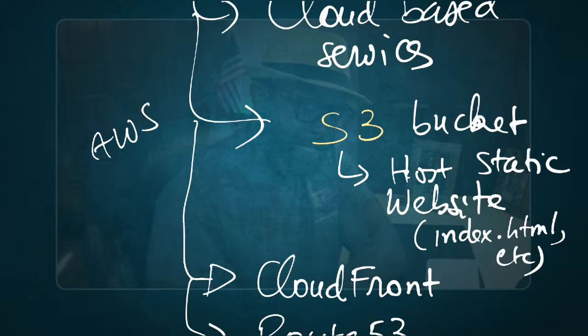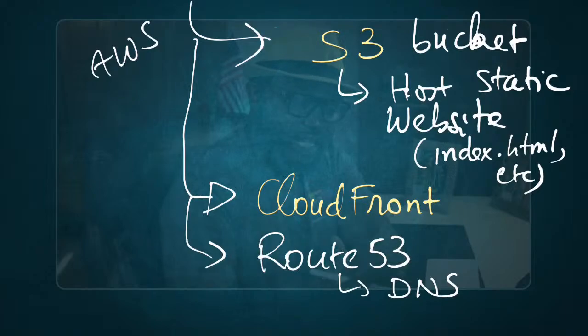So you have that, and CloudFront allows your clients to connect to your system, to your application from anywhere around the world. So it allows your clients to connect to your application from China, from Australia, anywhere.